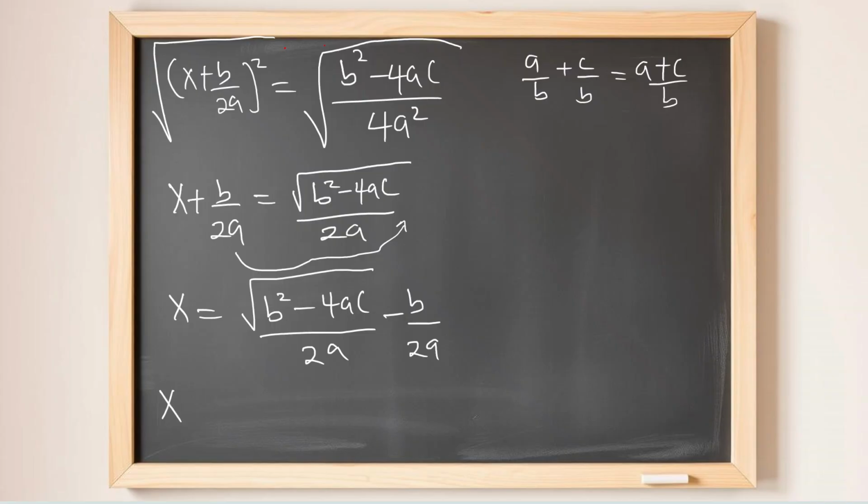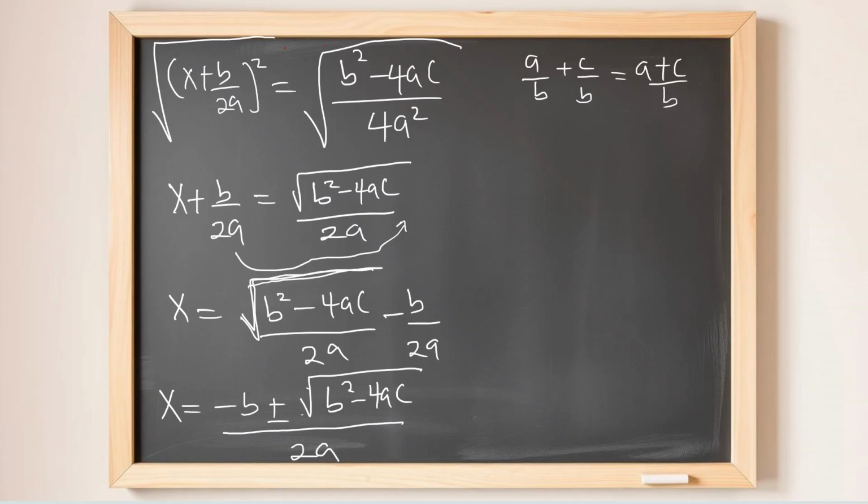So here I have x equals minus b, plus or minus the square root of b squared minus 4ac, everything over 2a.